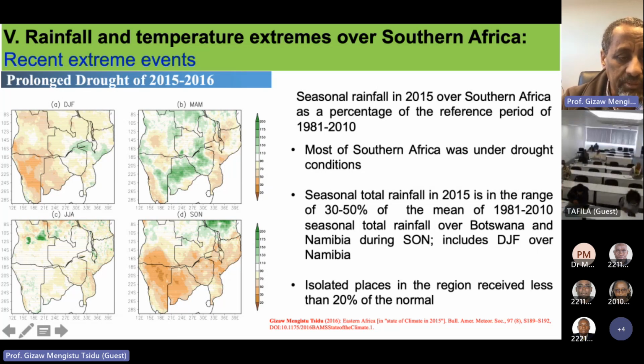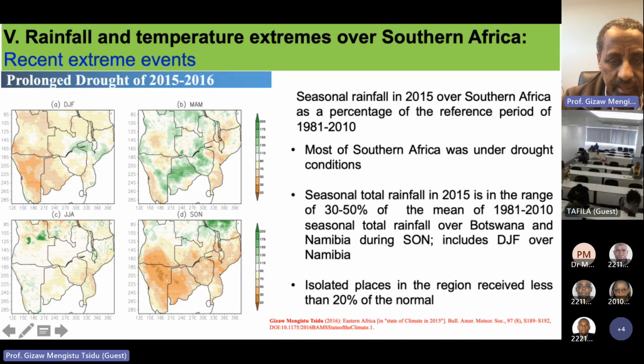We have 4 seasons here: DJF, which is basically the summer here, MAM, March, April, May, JJA, June, July, August, which is the winter, and SON. Clearly, the color bar shows from brown to green. As you go to green, there is excess. As you move toward more brown, you get a deficit.